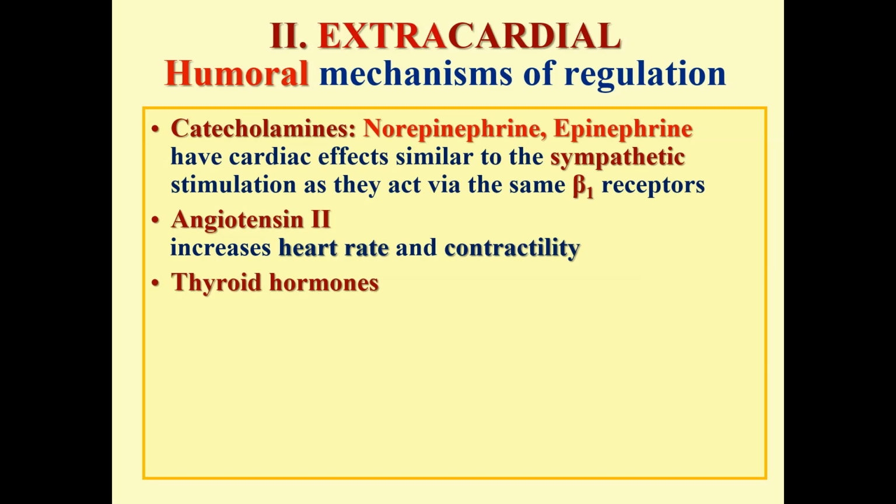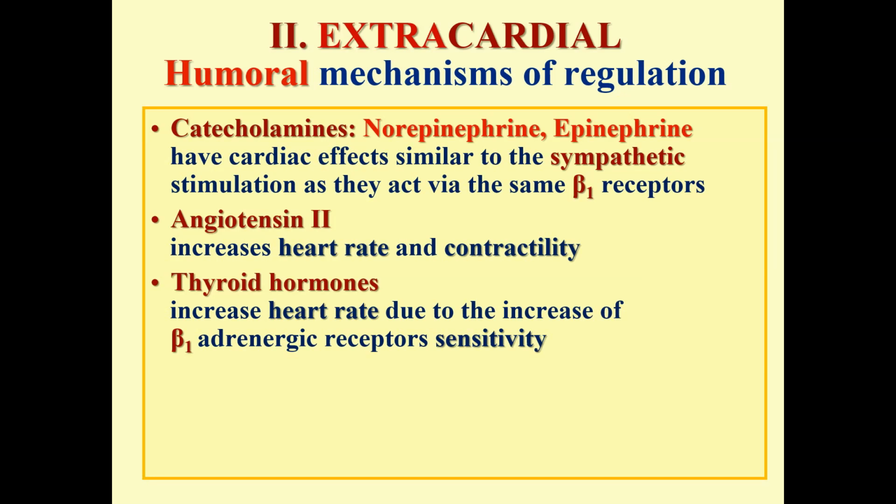I hope you remember that thyroid hormones produce their permissive effect for catecholamines, and they increase sensitivity of beta-1 adrenergic receptors, so that you perhaps remember that excessive levels of thyroid hormones may produce tachycardia and generally stronger contractions and higher cardiac output.